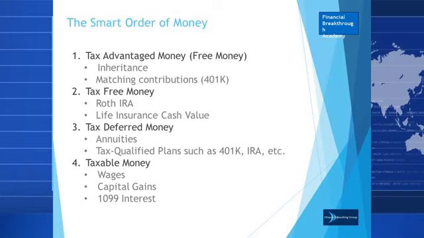Again, before you implement most of these and understand how it works, and how your money is located and which category it is in, it would be good to sit down with a professional, a legal counsel, a tax professional, or a financial advisor to explain what may be suitable and how to organize your money. Because at the end of the day, your financial plan will be impacted by how and where the various buckets of your money are organized. So these are the four main smart order of money that we wanted to discuss today.